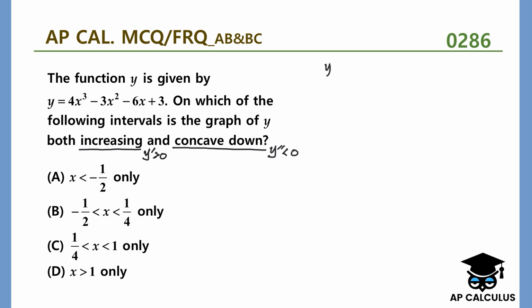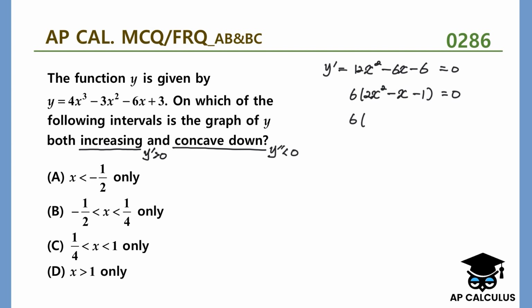So first the derivative. The derivative is 12x² minus 6x minus 6, right? And we're going to find the critical points. Set that equal to 0. So let's factor out 6: 2x² minus x minus 1 is equal to 0, right?